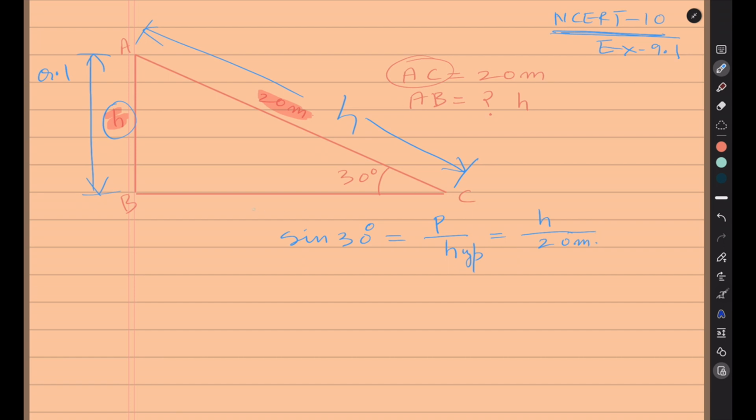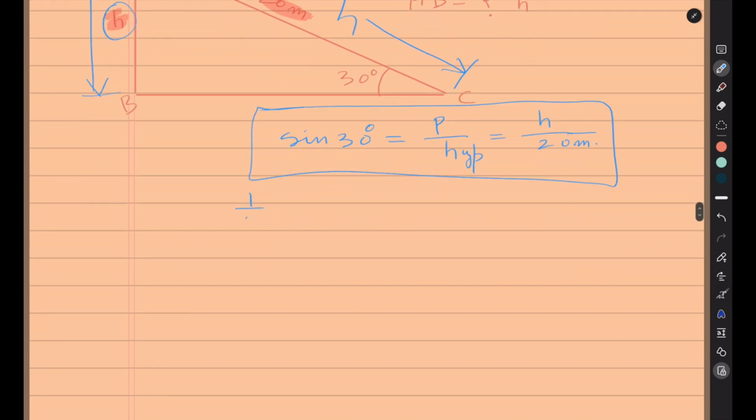So in that way we have established the equation, and we know that sine 30 is equal to 1 by 2 or 0.5. So 1 by 2 equals H by 20 meters, and then we solve that equation.